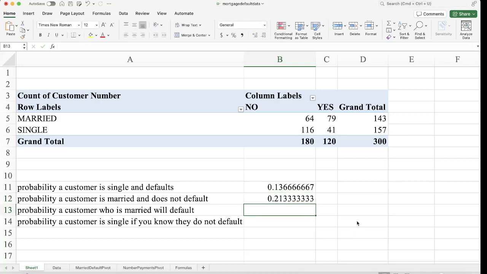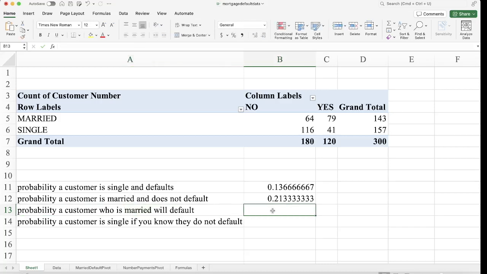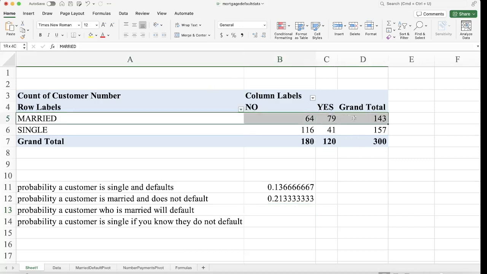Great. If I wanted the probability someone who is married will default, this is one of those conditional probabilities. Here, I'm given this extra information that they're married. That tells me instead of looking at the overall total of 300, I know that my customer is one of these married ones.